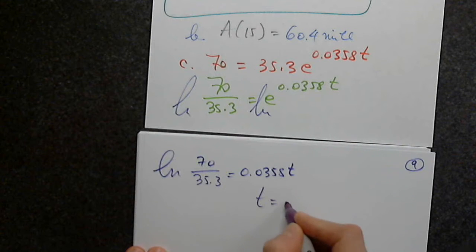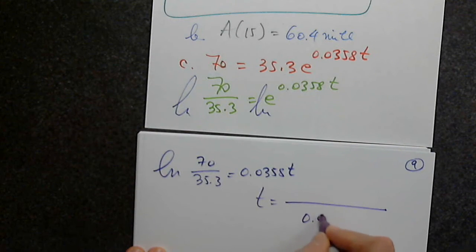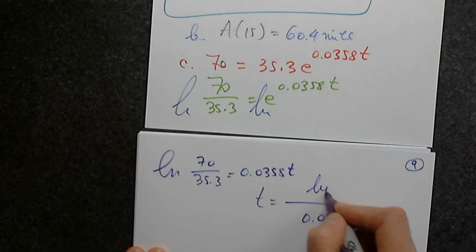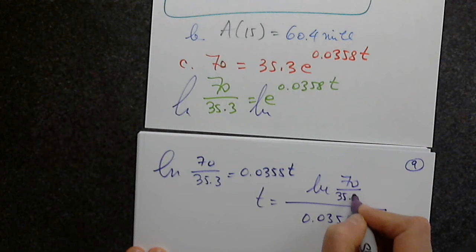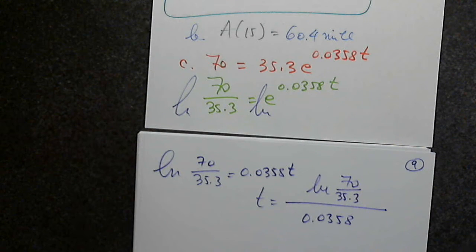So then t equals natural log of 70 over 35.3, divided by 0.0358. Careful how you plug it in, please. So natural log of 70 divided by 35.3. Close the parenthesis. There is no need for the denominator. You cannot recall the previous answer because you're not going to divide by what is needed. 0.358.